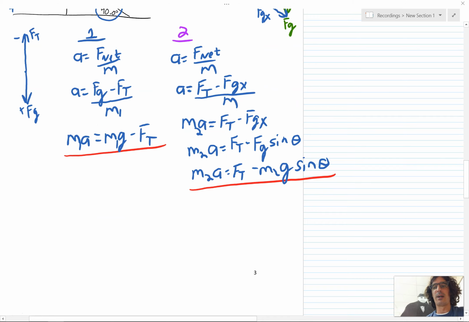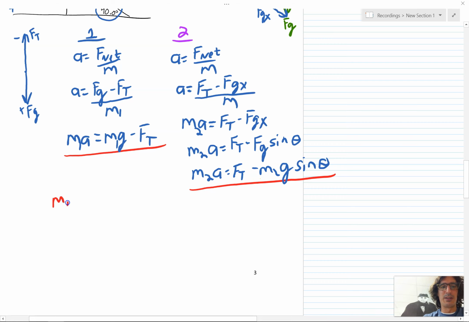We could solve by substitution, elimination, or what we just learned in the previous problem, division. I'm going to choose elimination since we have an FT by itself and an FT by itself. So all we have to do is just add up these two equations together.